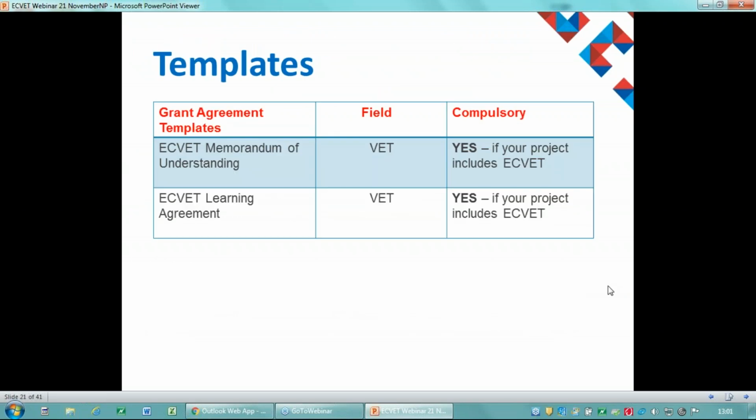And that slide that's up now is just confirming and highlighting that if you are saying you're going to use ECVET, then you must use these templates that are sent to you with your grant agreement. It is important maybe to make the point here that you don't need to have these documents in place when you put in your application, but you need in your application to explain how those will be put in place during your project.